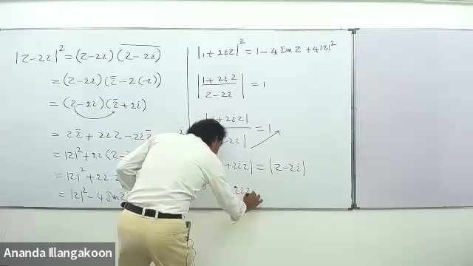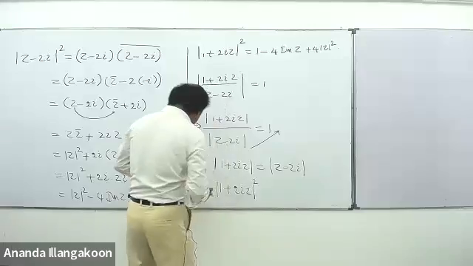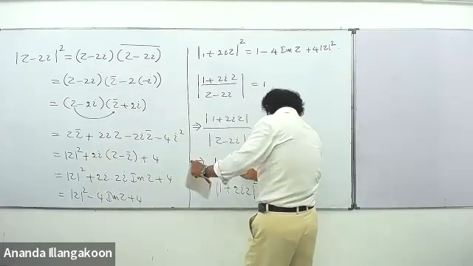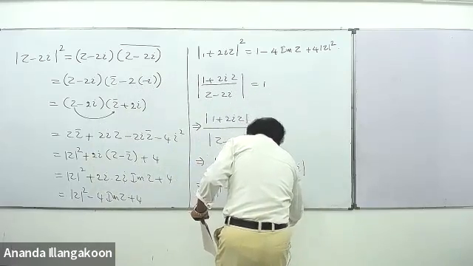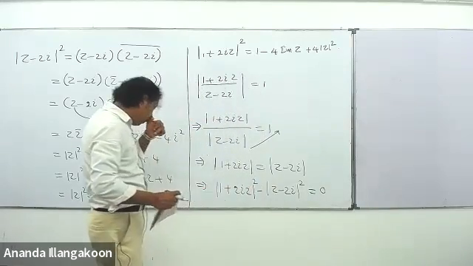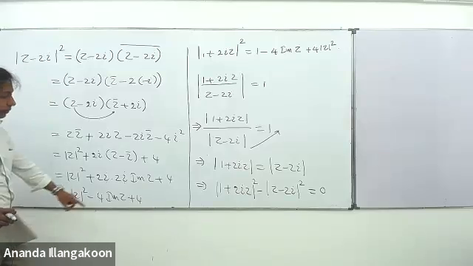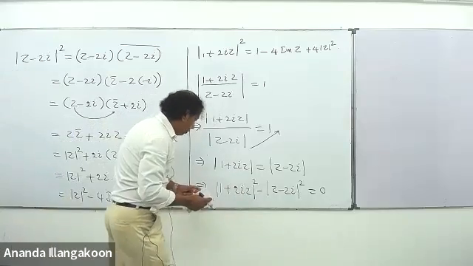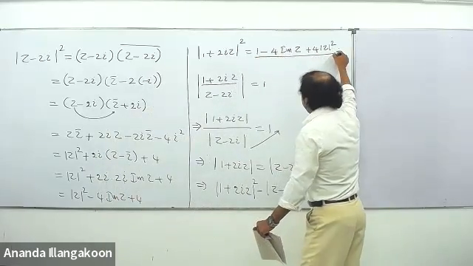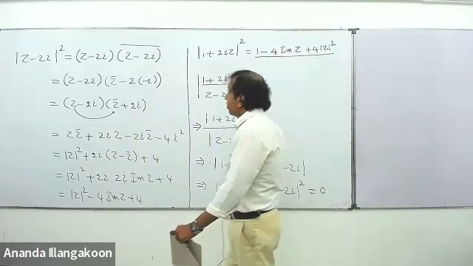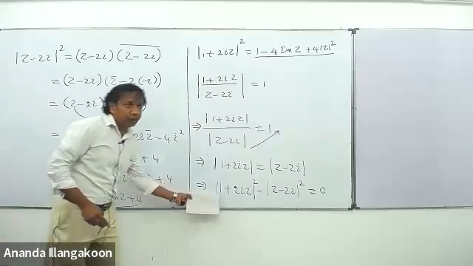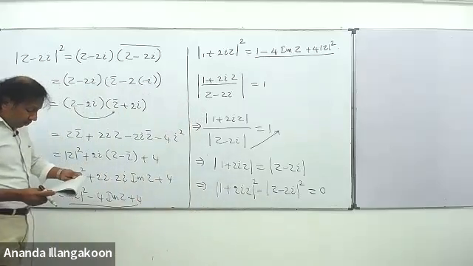Mod of 1 plus 2i z perfect square, square this, take this side, minus, equals 0. Now for this difference, you can substitute the right hand side from before. Put them here and here. Then simplify.